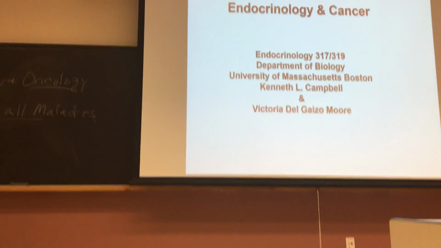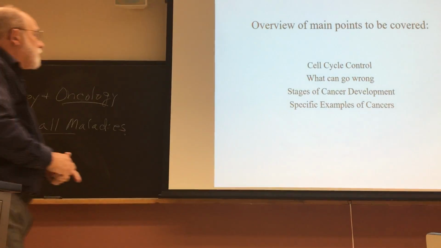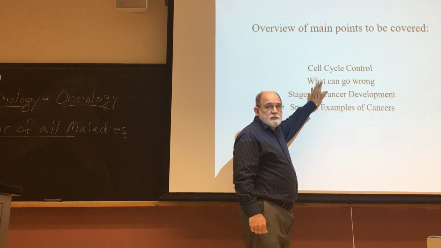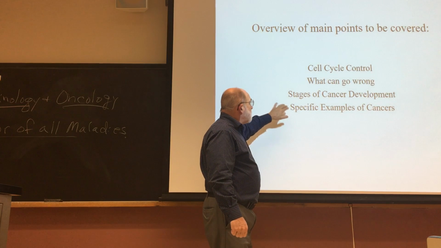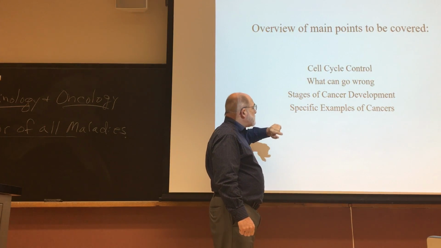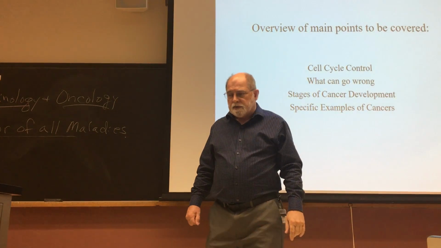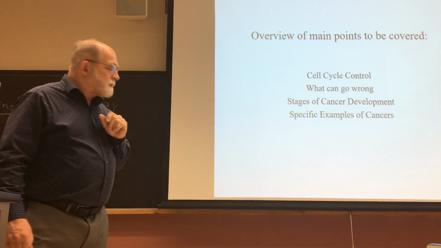So, a little bit about endocrinology and cancer. We're going to talk a bit about cell cycle control, which should be redundant on some of the things you learned in cell biology. What can go wrong? The stages of cancer development, and we may get to specific examples of cancers.